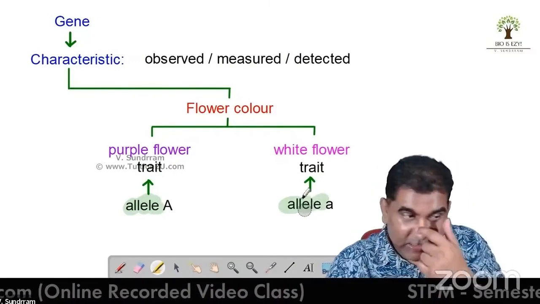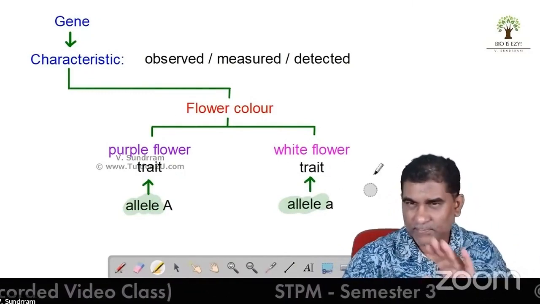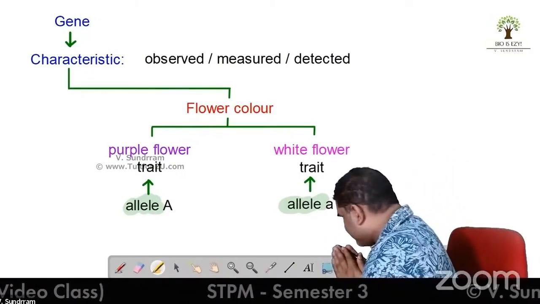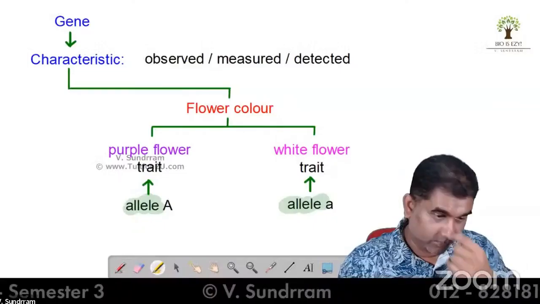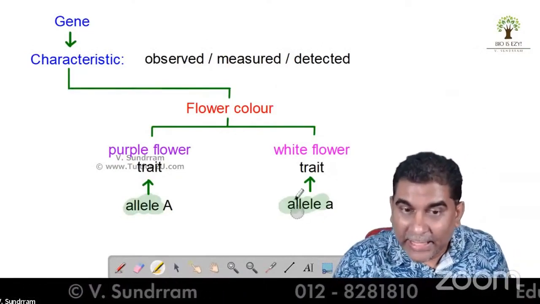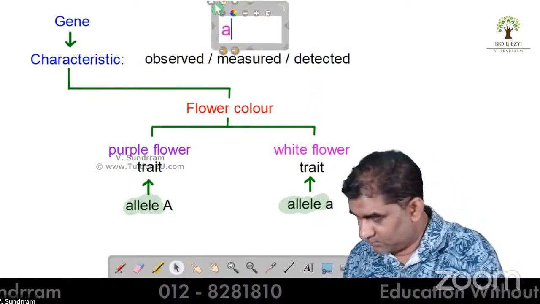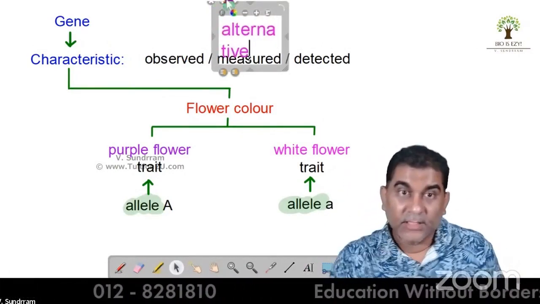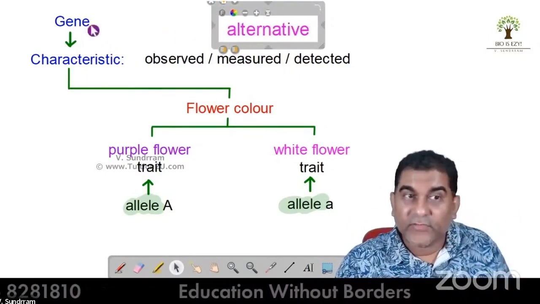Alleles are alternative forms of a gene.